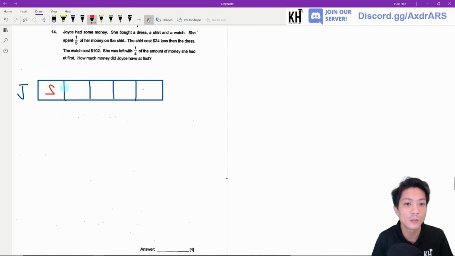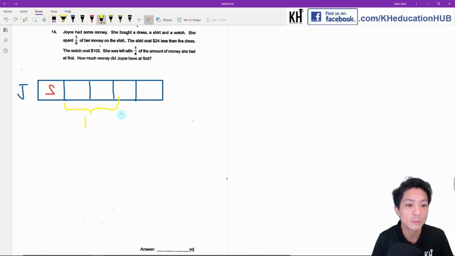The shirt cost $24 less than the dress, which means that if I were to draw the dress here, I do not know where it is gonna be. Maybe I can let's say this is the dress.